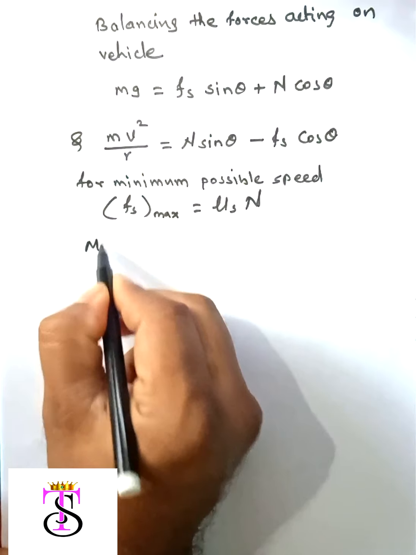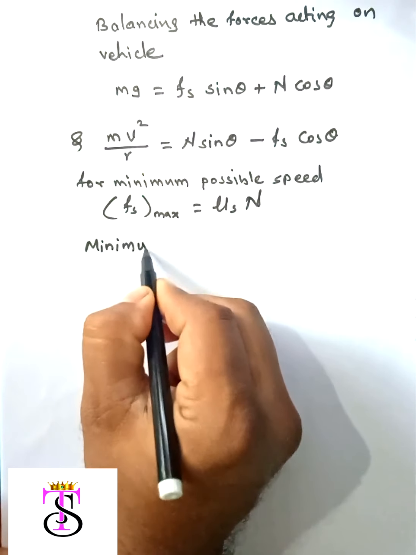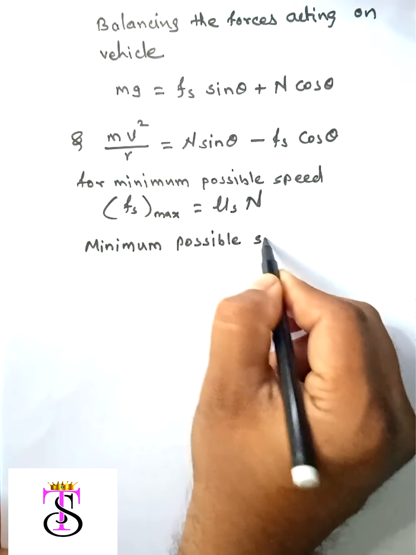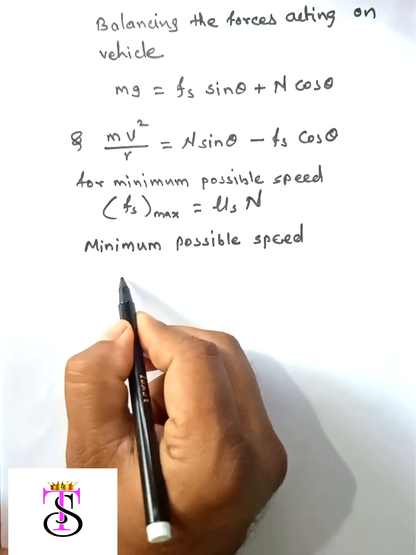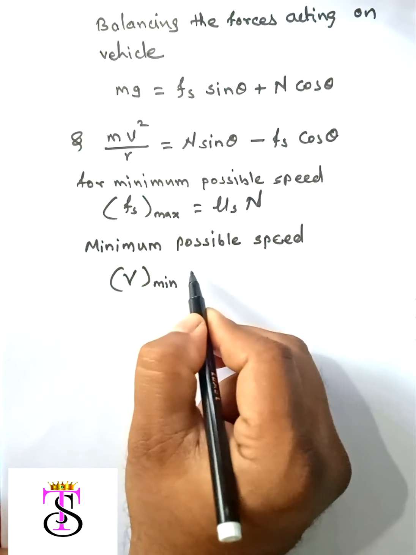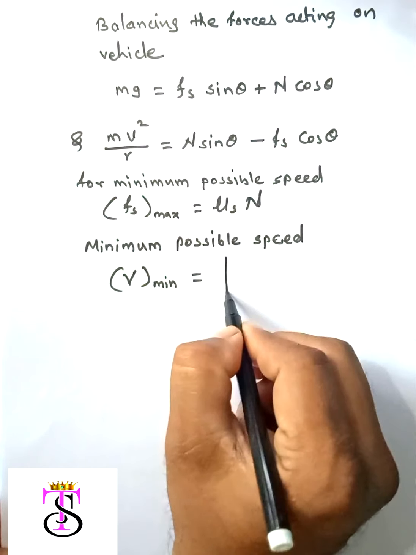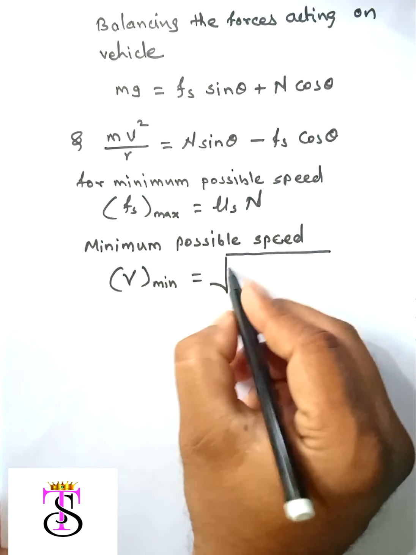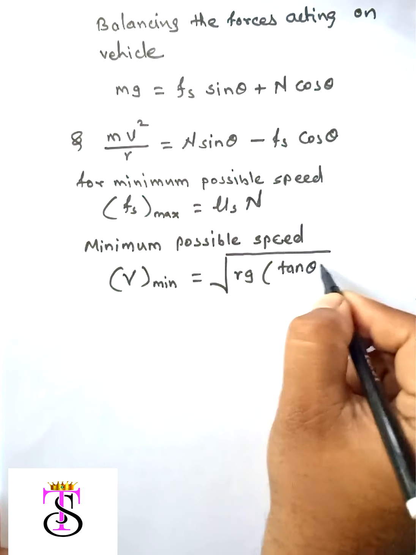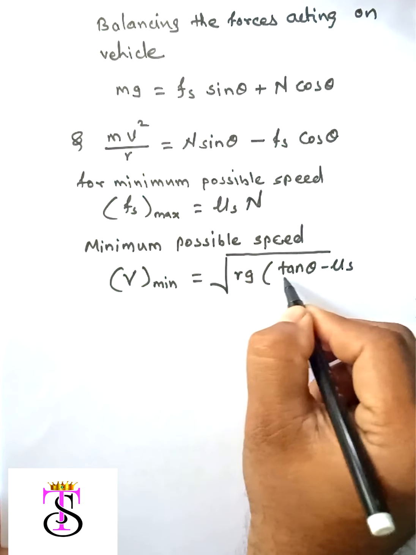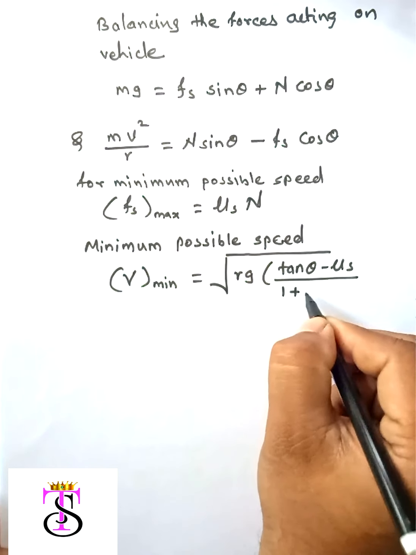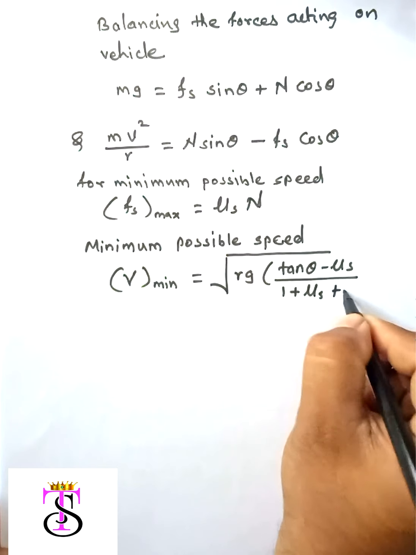So the minimum possible speed can be written as V minimum is equal to under root Rg into tan theta minus mu s divided by 1 plus mu s tan theta.